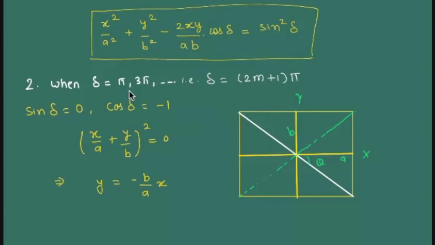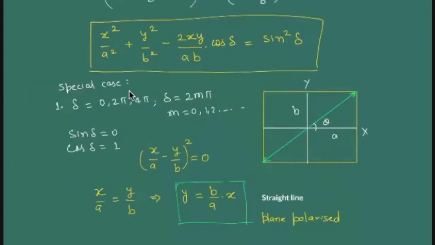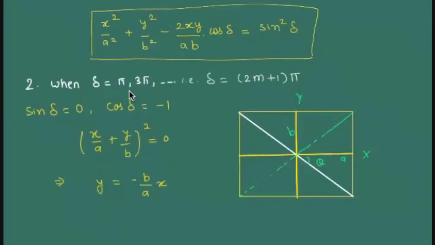And the last one: delta 0 is not possible, but I can always have a d which gives 2 pi or 4 pi. Such a wave plate is called a full wave plate. Your incoming beam is plane polarized and the outgoing beam is also plane polarized. These are called retarding plates.